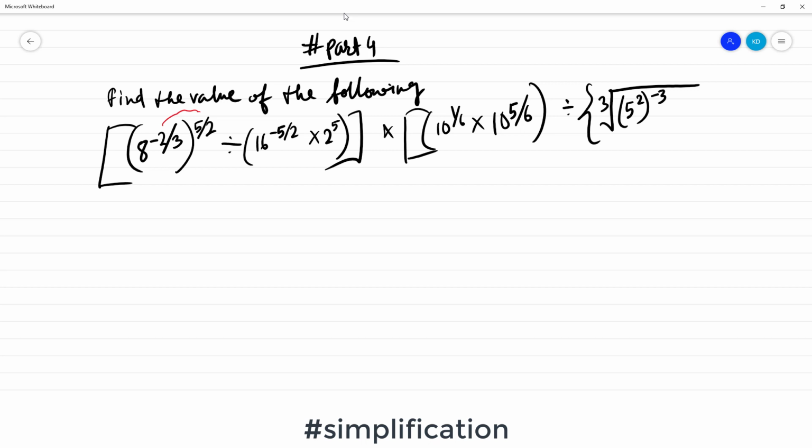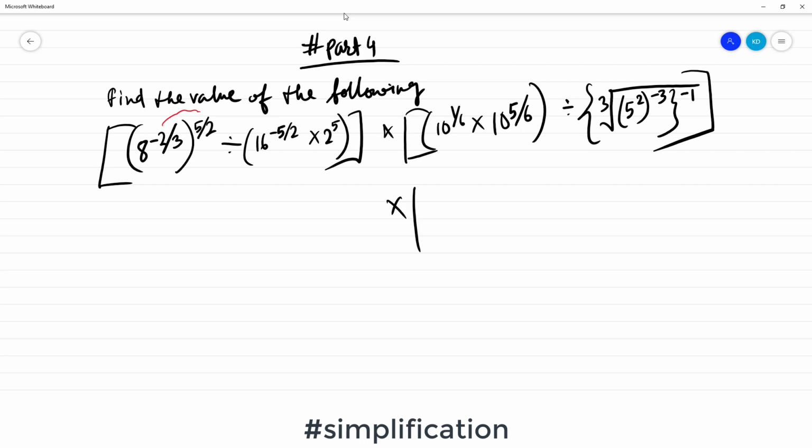Here is the trick: do nothing, because this power and this power will be multiplied. Now bracket close, minus 1, and the box bracket is closed.